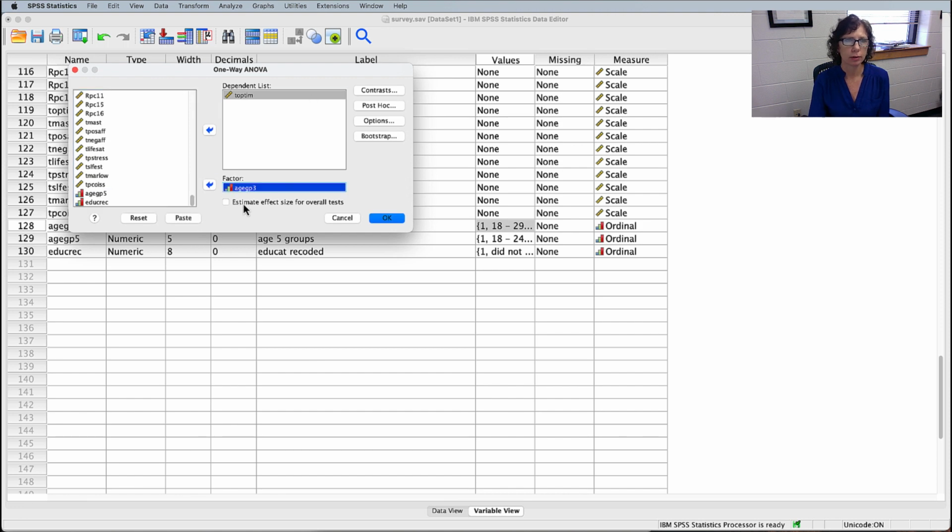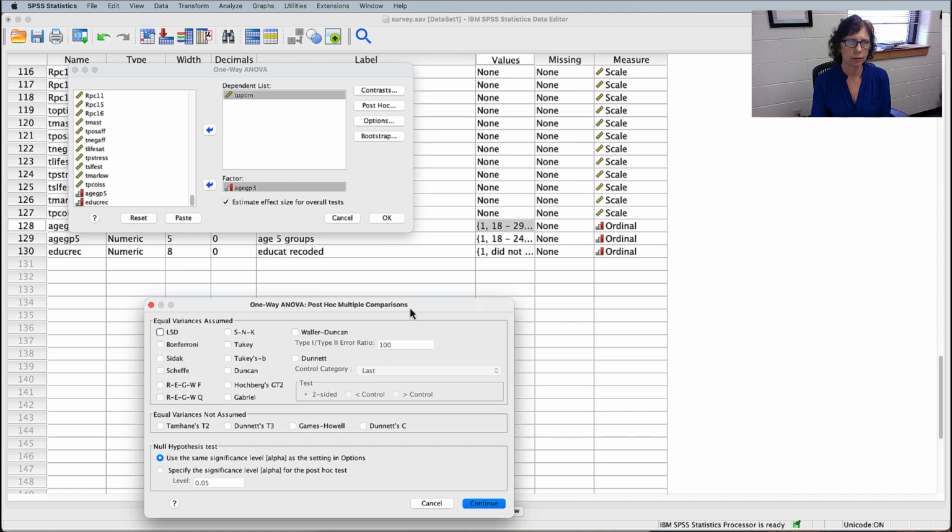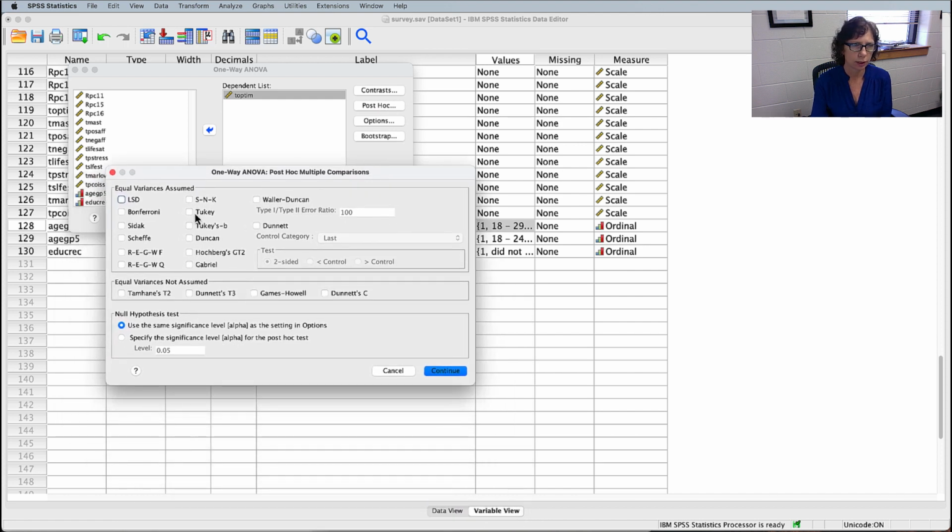Here we also want to indicate estimate effect size for overall tests, so that way we'll get the effect size already calculated for us. In post-hoc, I'm going to have you select Tukey right there. And we can continue there.